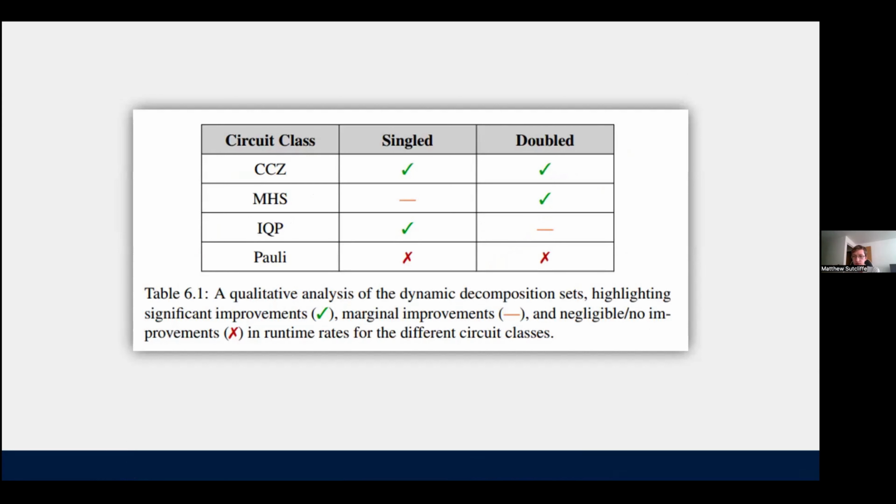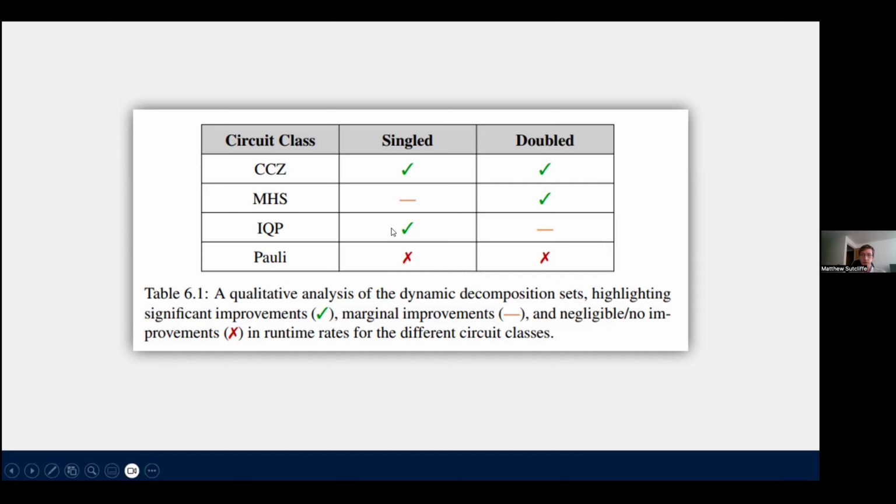So to summarize these results, for CCZ circuits, both sets of our decompositions give a big improvement, which is quite handy. These represent random circuits, but that are structured, so kind of reasonable. Then modified hidden shift represents real quantum circuits, and in this case we've seen improvement with the double set of decompositions.